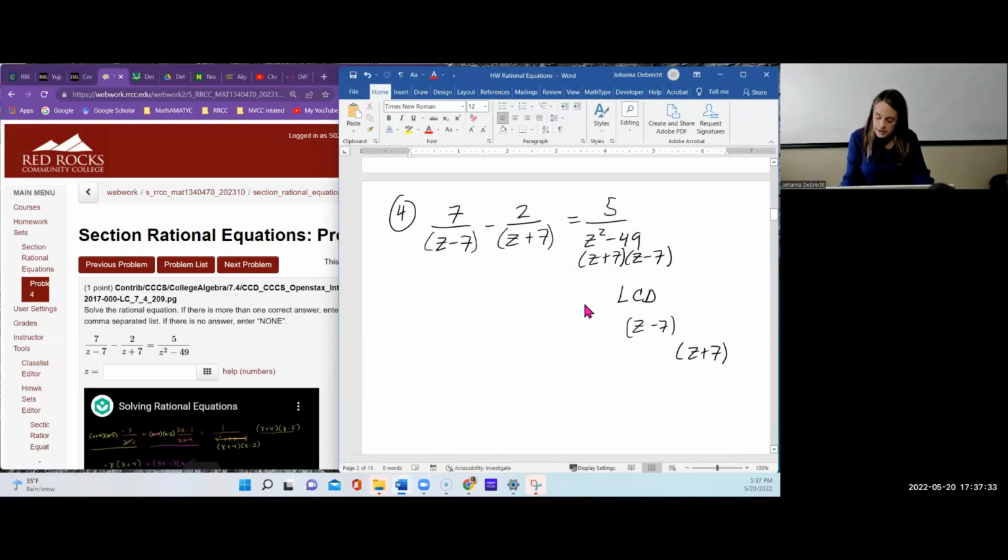It needs one Z plus 7 group, which will line up under the other Z plus 7 group. And it also needs the Z minus 7 group. I need one for each column. I need one Z minus 7, and I need one Z plus 7.